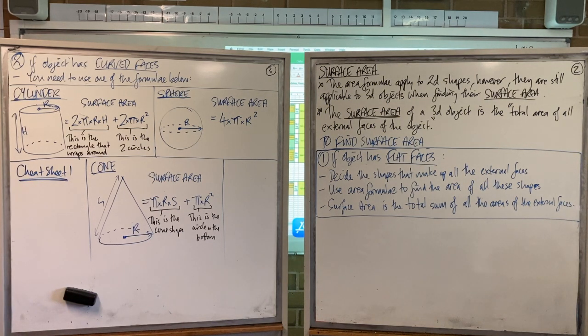Don't try to remember them because they're quite complicated. So just to repeat: if your 3D object has flat faces, nothing special. Work out what the shapes are, add them all together. If your object has anything curved on it, you need a formula. And these are those formulas.